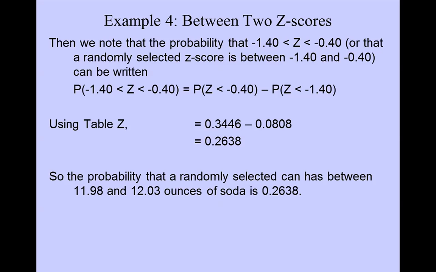Using table Z, this gives 0.3446 minus 0.0808, which equals 0.2638. So the probability that a randomly selected can has between 11.98 and 12.03 ounces of soda is 0.2638.